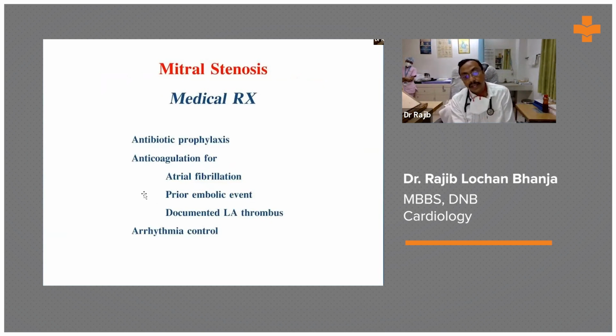And if there is atrial fibrillation, then you have to start with digoxin and some verapamil or amiodarone to control the ventricular rate, beta blockers, and anticoagulation. Anticoagulation is a must if a patient has atrial fibrillation, or spontaneous echo contrast in the left atrium, left atrial appendage, or there is already thrombus in the left atrial appendage.